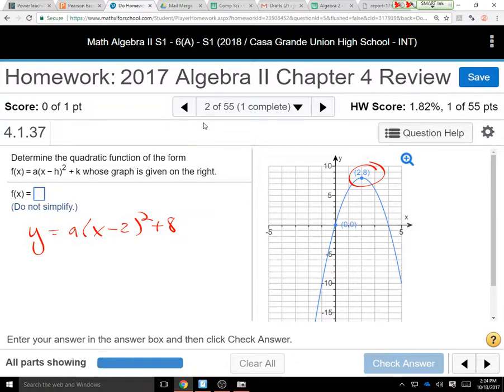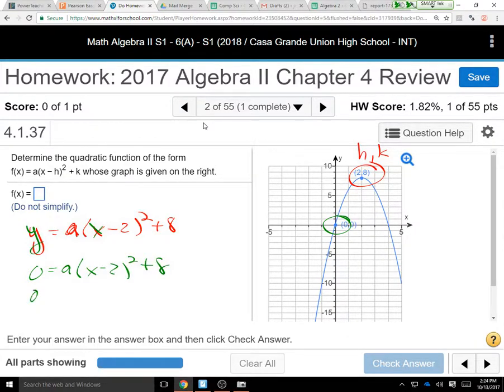The vertex, because the vertex is h comma k. Now, I need another point so that I can get a. Notice how there is still y and x in here? I need another x and a y. Oh, look, they gave one to me. 0, 0. So 0 equals a times 0 minus 2 squared plus 8.